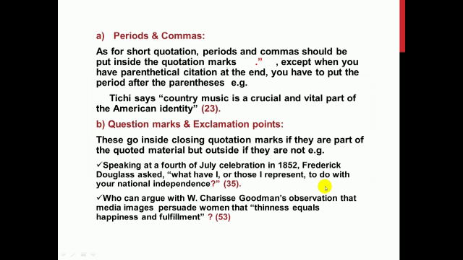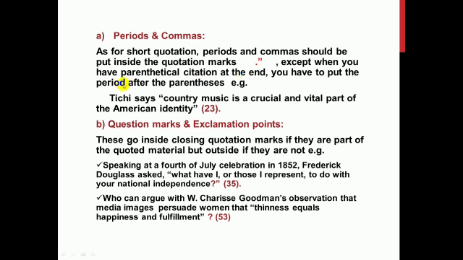Okay, now we will see. As for periods and commas, as for short quotations, periods and commas should be put inside the quotation marks. Okay, if we have a period or commas, we have to put them inside the quotation mark, except when you have a parenthetical citation at the end.